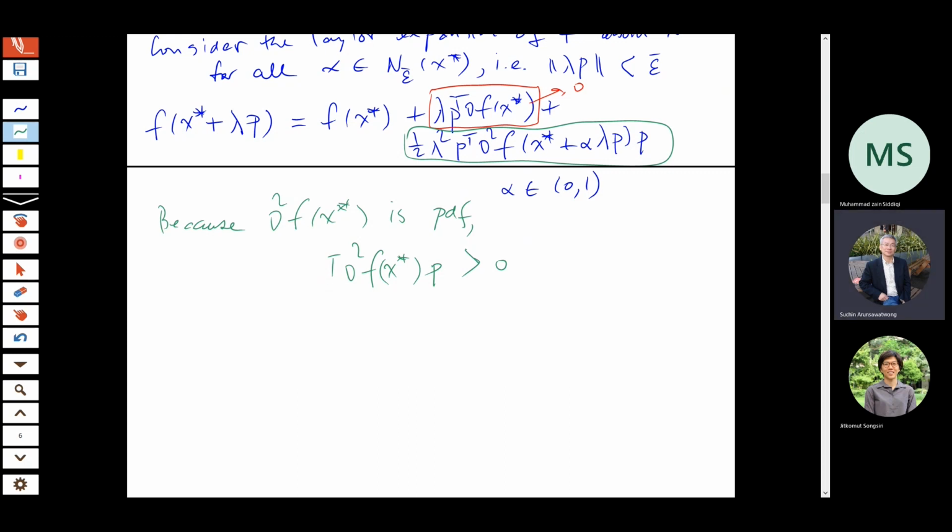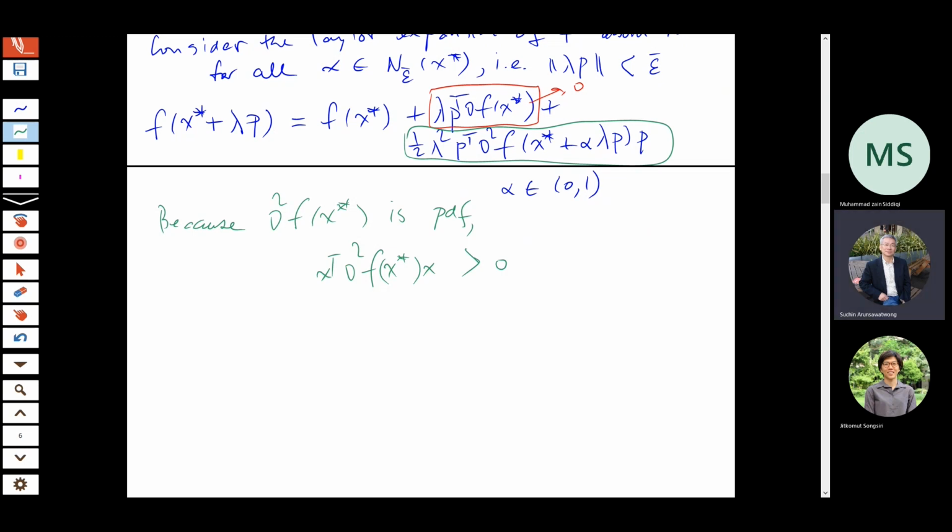Well, I think here we can just say x transpose times the Hessian of the function f at the point x star times x must be a positive number, right?